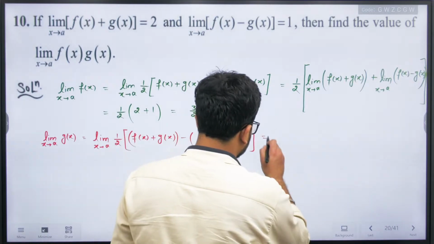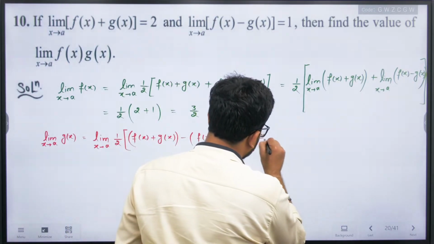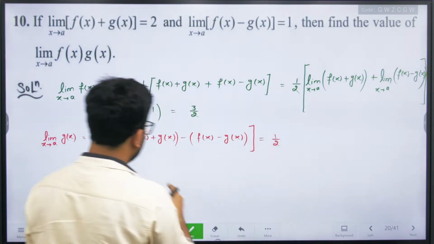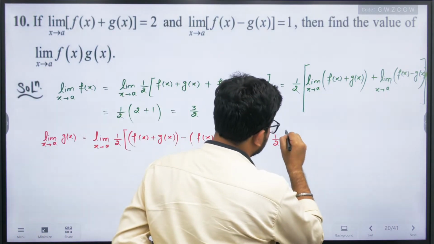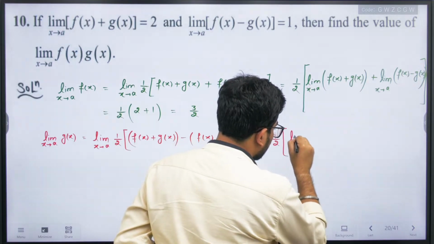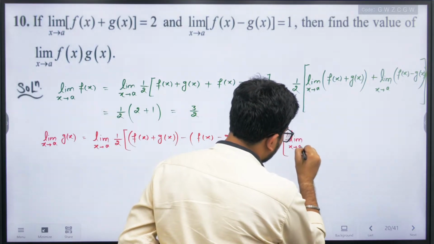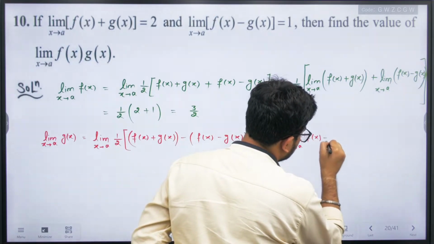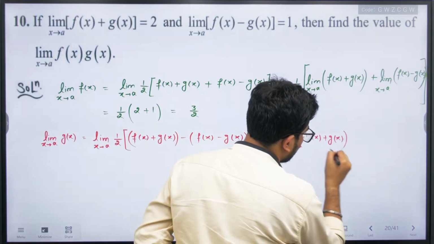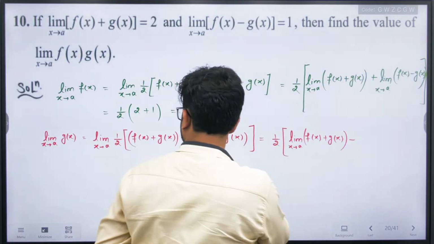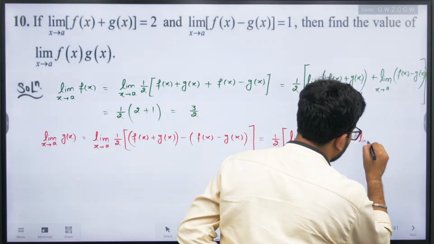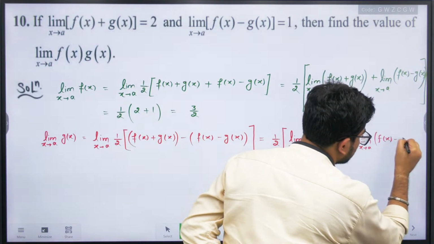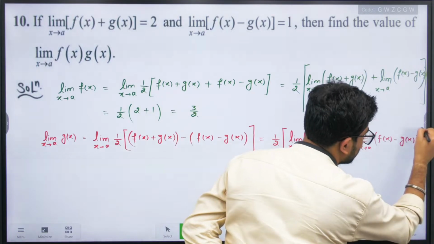So this thing is half into limit x tends to a, f(x) plus g(x), minus limit x tends to a, f(x) minus g(x).